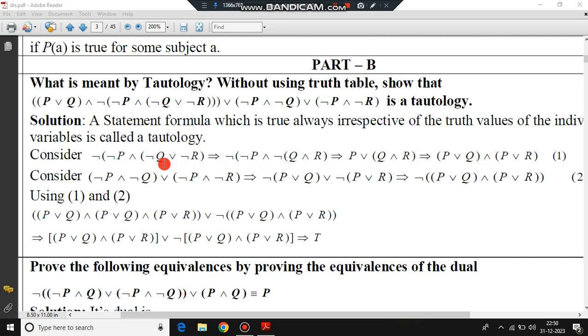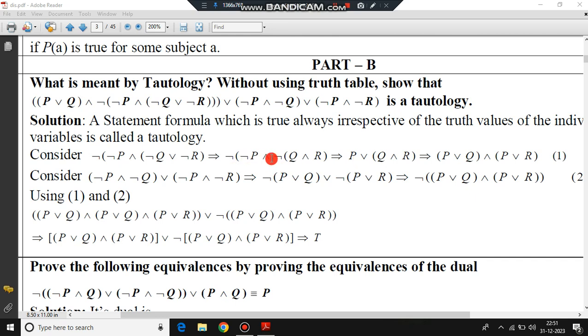Now look at this particular bracket here. De Morgan's law is used here: negation of Q or negation of R would be equal to negation of (Q and R), and this is exactly equivalent to the first.